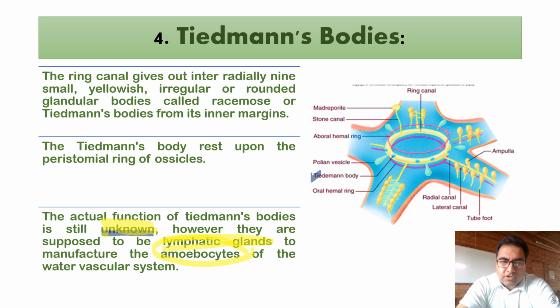I told you earlier about the amoebocytes, the cells capable of moving, which are present in most of the invertebrates. So the actual function is not known, but they are supposed to function as lymphatic glands, and they are present on the ring canal.